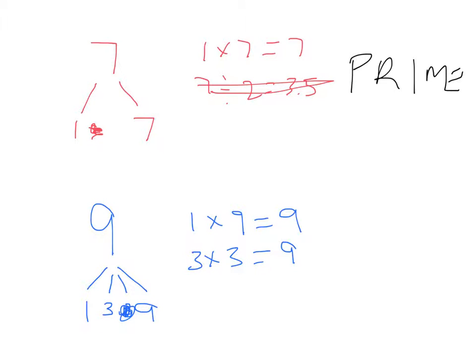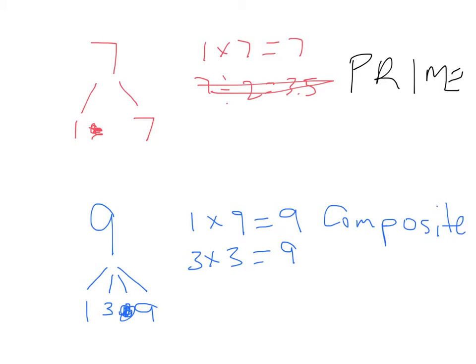So we know that 9 has 3 factors, or 3 numbers it's divisible by: 1, 3, and 9, which makes 9 a composite number.